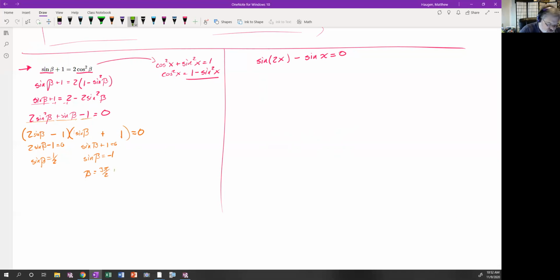If we're asked for a general solution, plus any coterminals. Sine is equal to 1/2 at pi over 6 and 5 pi over 6, again plus the coterminals if we're asked for a general solution.